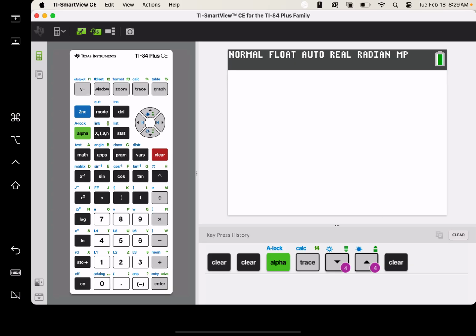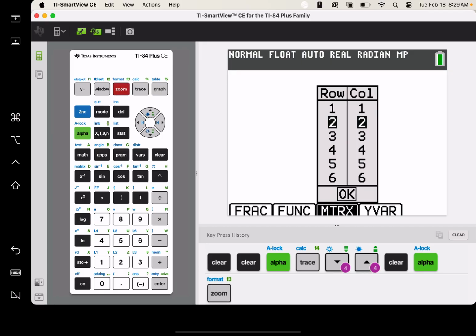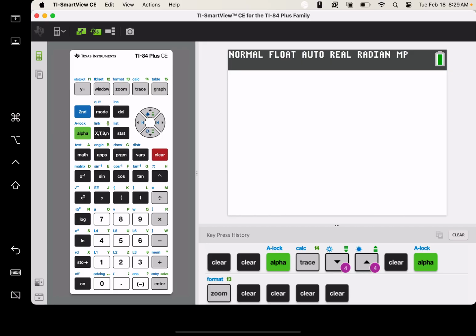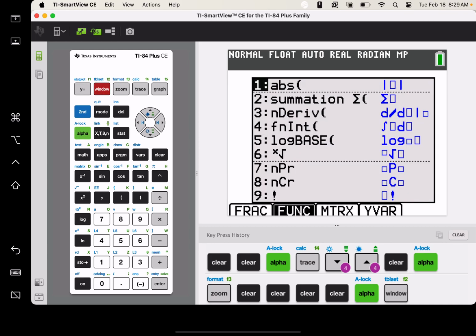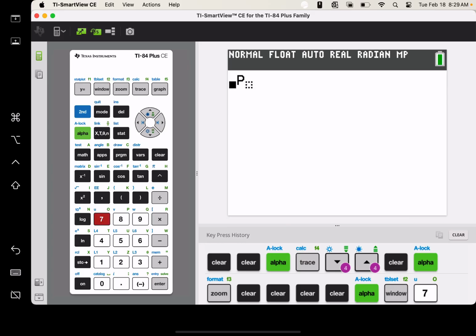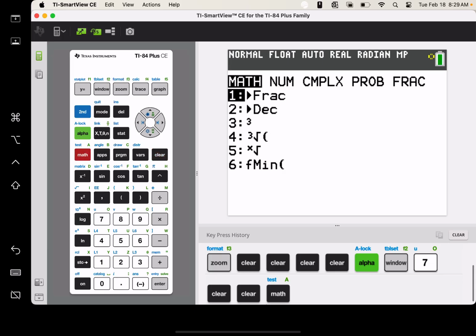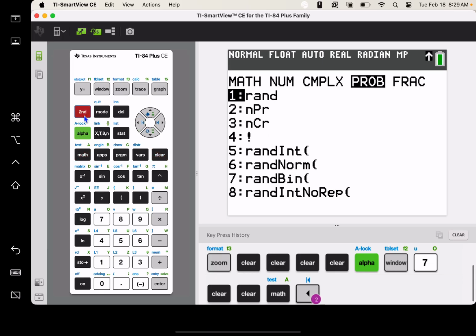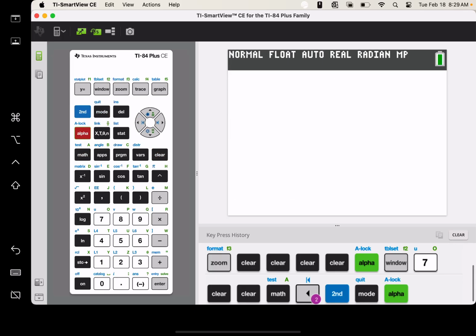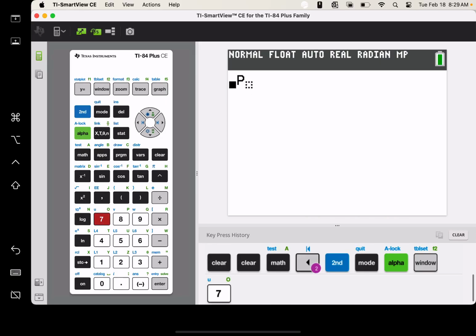But there is another screen if we hit the green alpha key and then window. F2 is what it says up here. So green alpha and then window. And then we see nPr is just number 7 on that list. So you can save yourself a couple of taps. Don't have to go all the way to probability: hit green alpha key, F2, and then number 7. And that gets you the nPr.